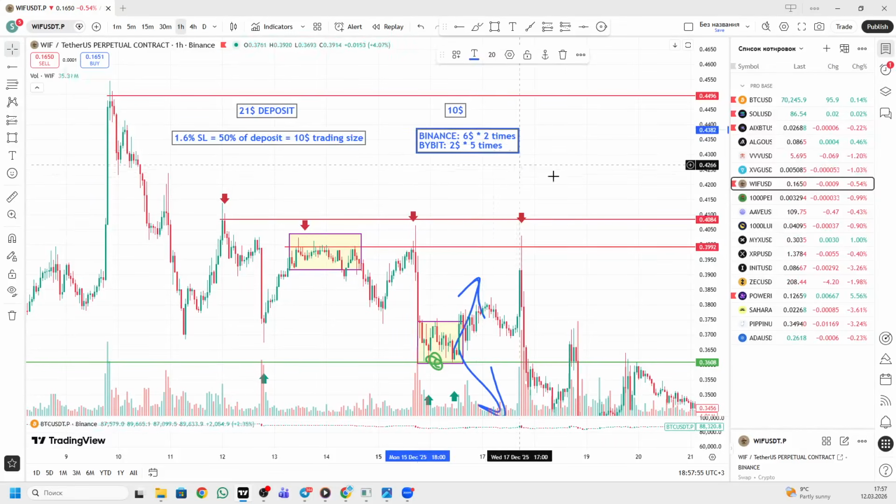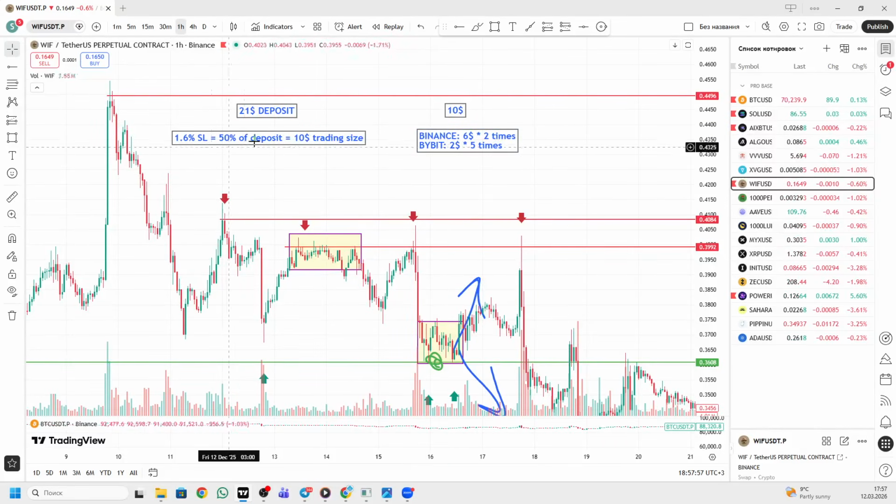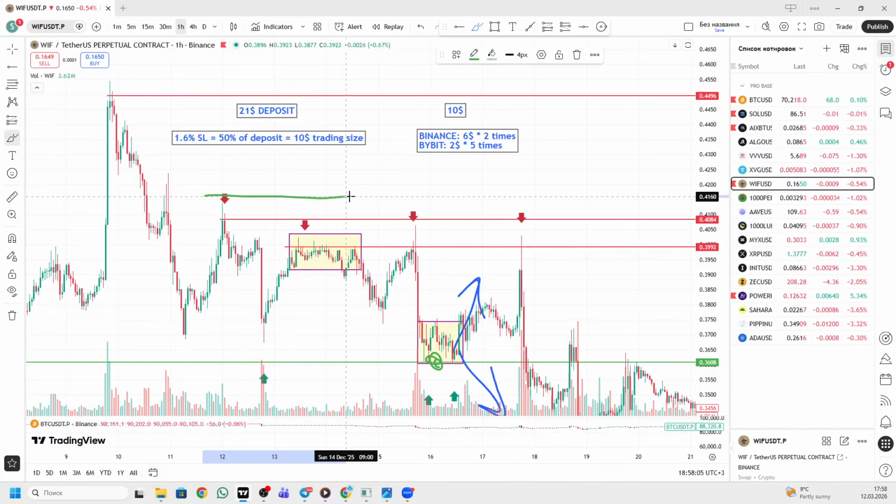Okay, as we agreed, we have a maximum stop loss of 1.6%, and we hide it behind the strong level or behind the wicks of candles, right? So stop loss is 1.6%.